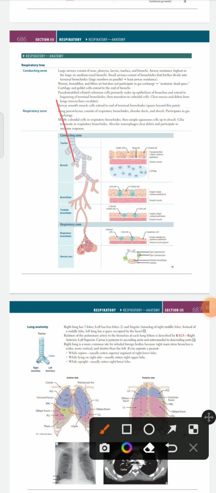And the parasympathetics act through the muscarinic receptor. When they are activated, they constrict the airway and decrease the diameter. So in this way, through the autonomic system, we can control the resistance in the airflow system.